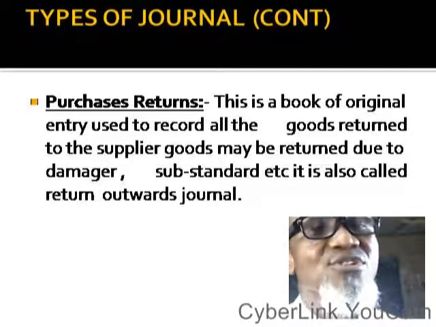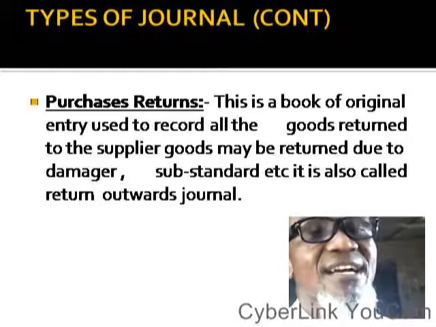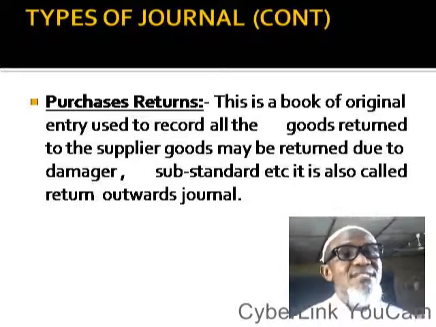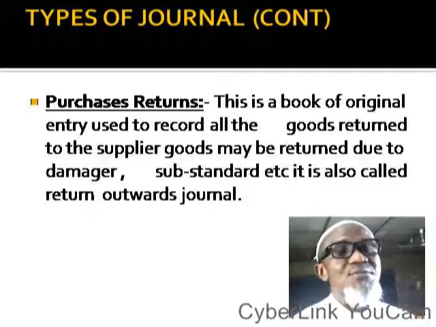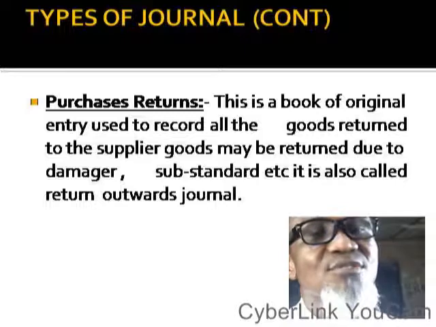It is defined as a book of original entry that is used to record all the goods that are being returned back to the supplier. Once again, it's a type of original entry book where we record goods returned back to the supplier.